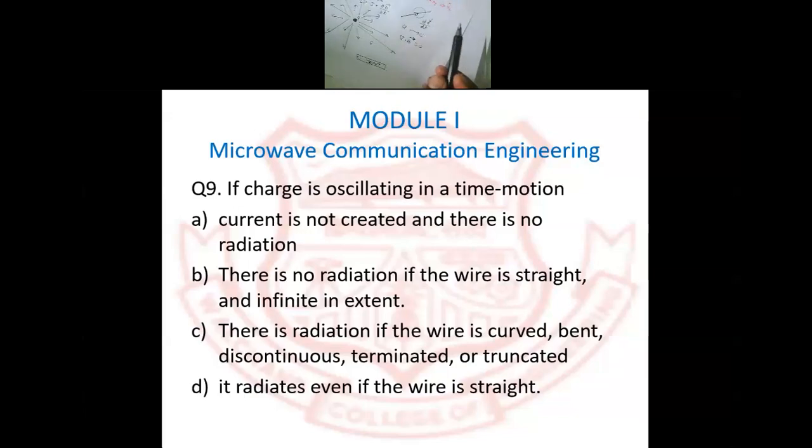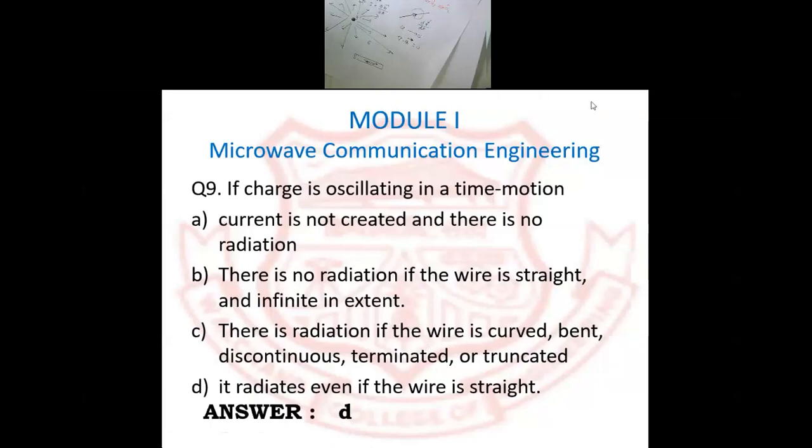But if the charge is oscillating in a time motion, even if the wire is not bent, even if it is straight, it radiates. The answer is D here.